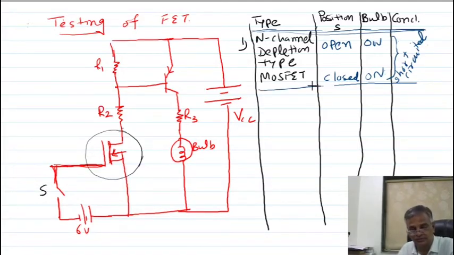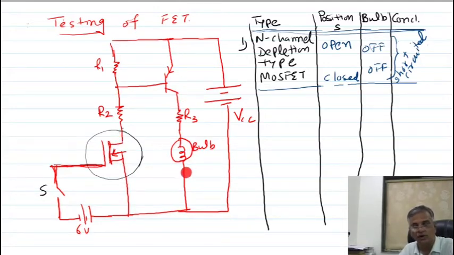Okay. Suppose someone says, sir, I am getting like this. In both the conditions, when switch is open and closed, bulb will be off. Bulb will be off means this is not working, current does not flow, you will not get any voltage.